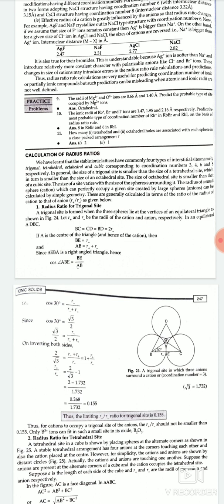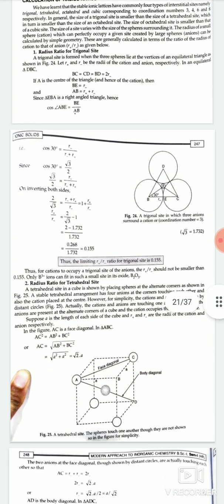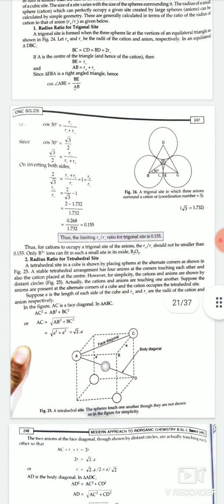If A is the center of the triangle and hence of the cation, then BE = r- and AB = r+ + r-. Since triangle EBA is a right angle triangle, cos angle ABE = BE/AB, that is cos 30 degree = r-/(r- + r+).